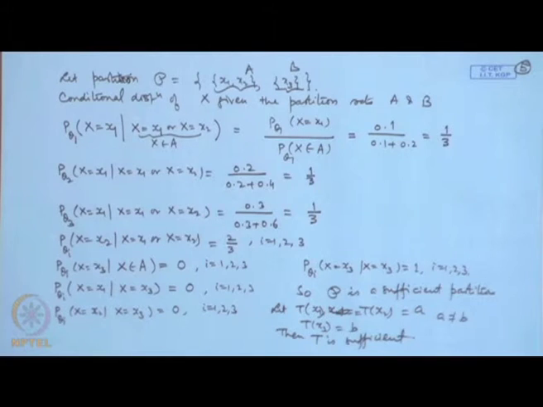That means, a function which partitions the variable space into two parts, one part consisting of x1 and x2 and another one consisting of x3, then that will be sufficient.